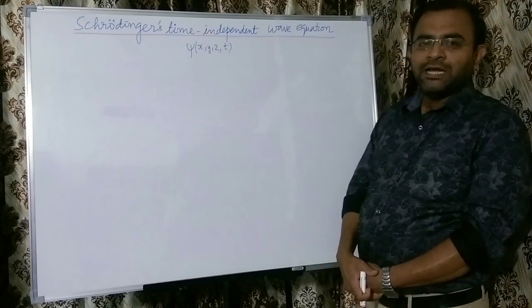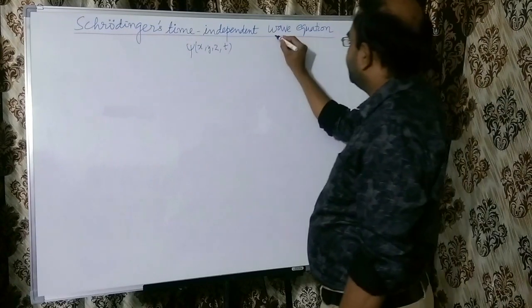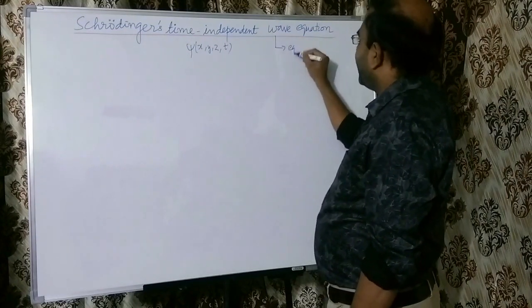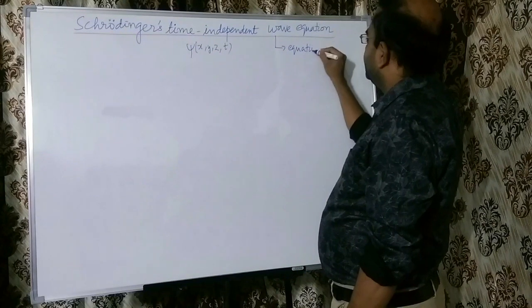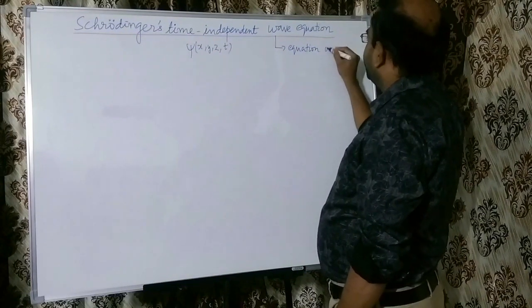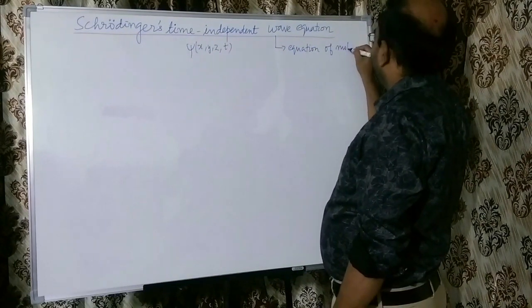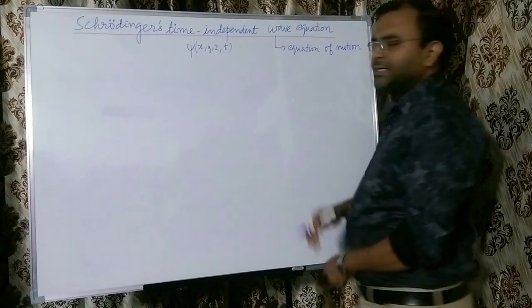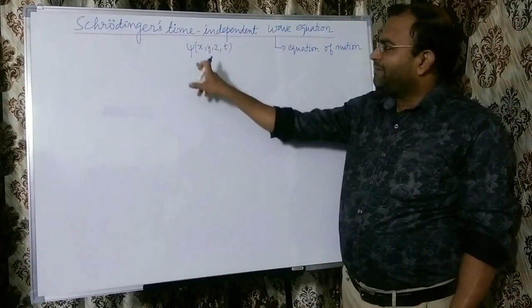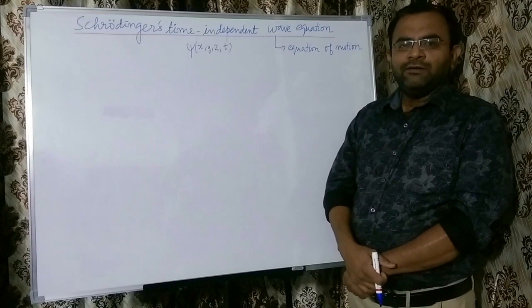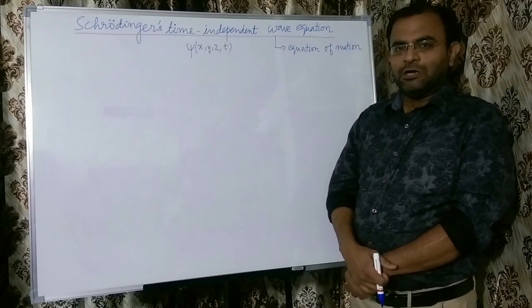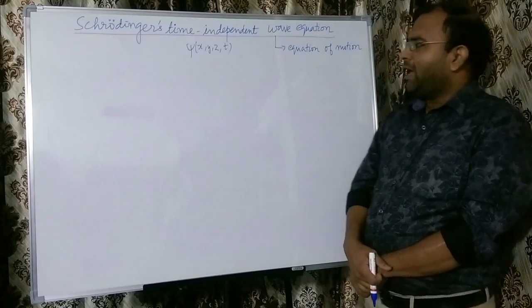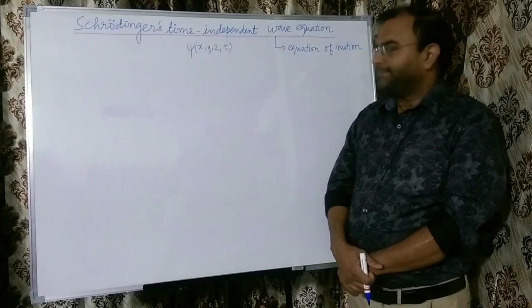Therefore this is nothing but an equation of motion in quantum mechanics. So Schrodinger's equation is nothing but an equation of motion of a quantum object represented by a wave function psi, which is a function of spatial coordinates x, y and z and the time coordinate t.